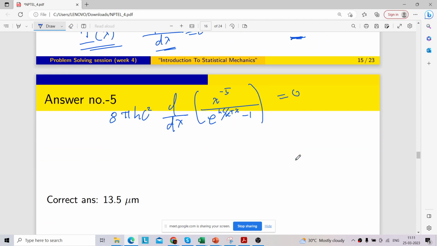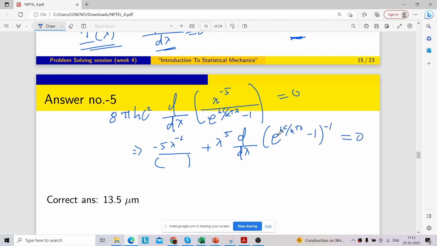So let's apply the chain rule, and this constant will go to the right side, then this constant goes to 0. Effectively I have to do the derivative only. So applying the chain rule, I will have minus 5 lambda to the power minus 6 divided by this term. Then I have to do the second part, lambda 5 is constant, then I have to do the derivative d over d lambda of e to the power hc over kT lambda minus 1 to the power minus 1, and it will be equated to 0.